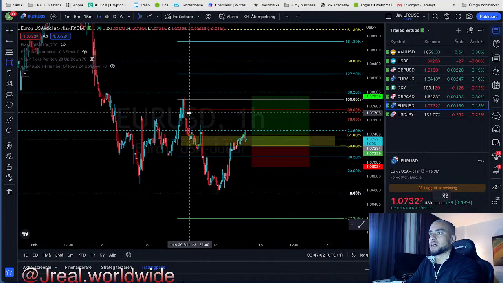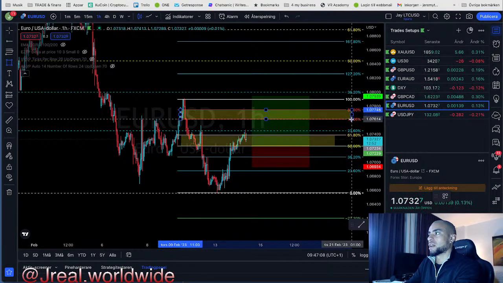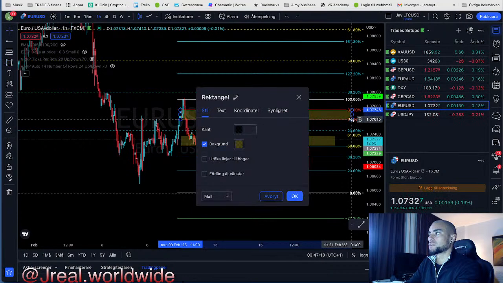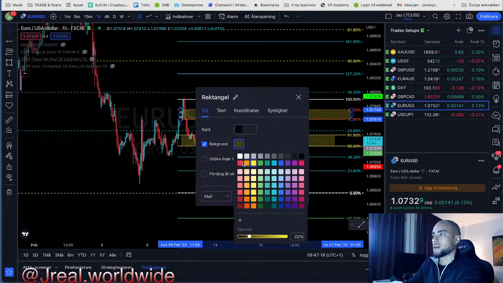We want to mark out the supply zone. This is where we have a lot of supply in the market. Between the 78.6 to the 88.6 Fibonacci retracement is where you will find a lot of supply.